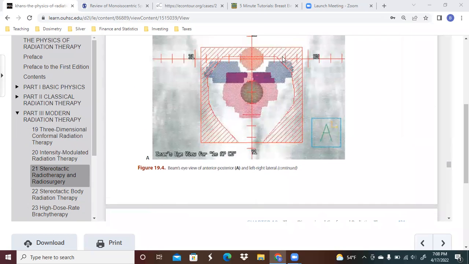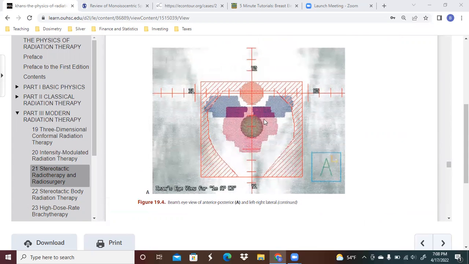What you are seeing here is the aperture as it's drawn. It looks like this is an AP field. And so you see your target here and you're giving it a specific margin around, and it looks like this is the block right here. Not quite sure if it's Cerrobend or if it's MLCs, but you're seeing the area of exposure around it.